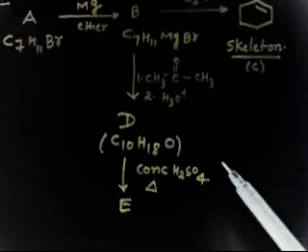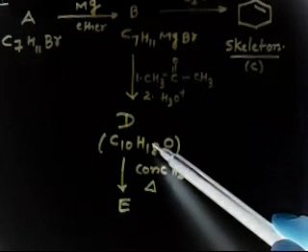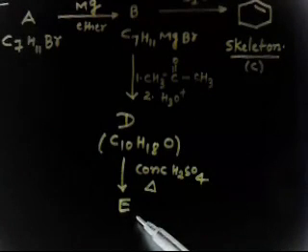Are you getting or not? So you have a Grignard reagent reacting with ketone, and you will get an alcohol. And our second reaction, dehydration, gives alkene. So E must be an alkene, everybody knows.